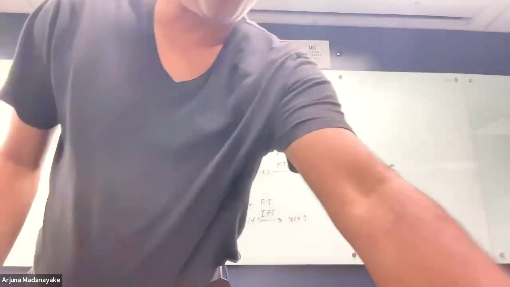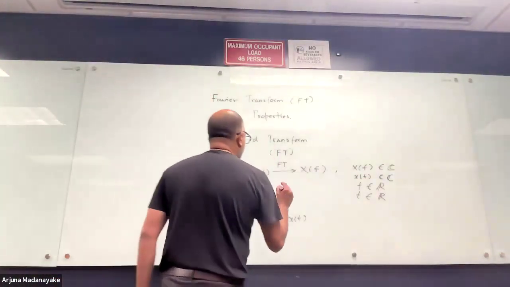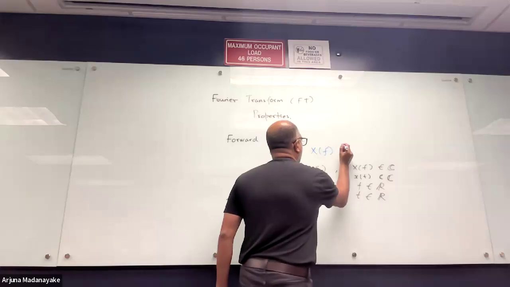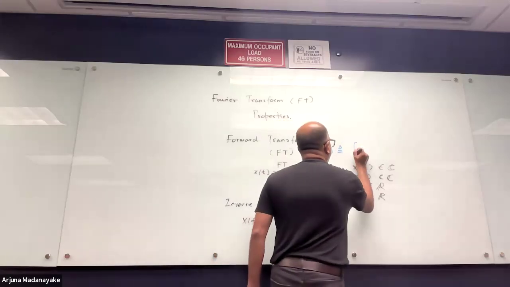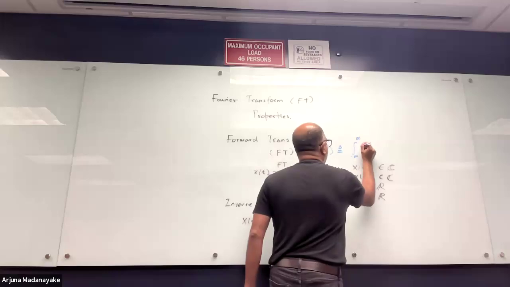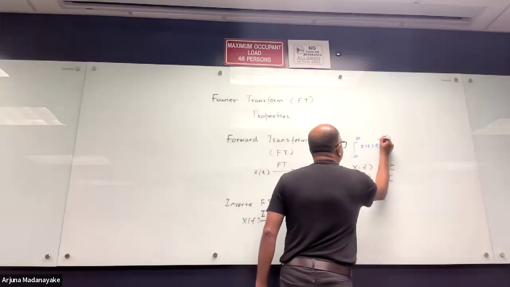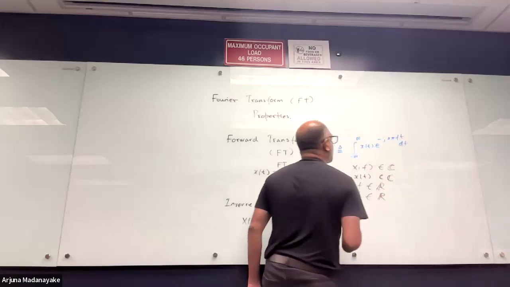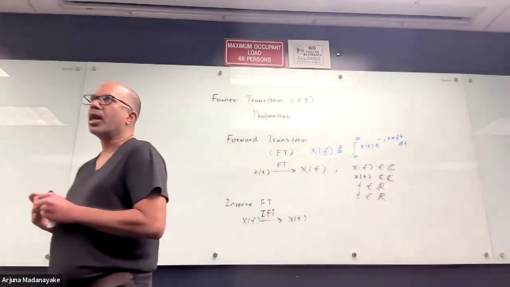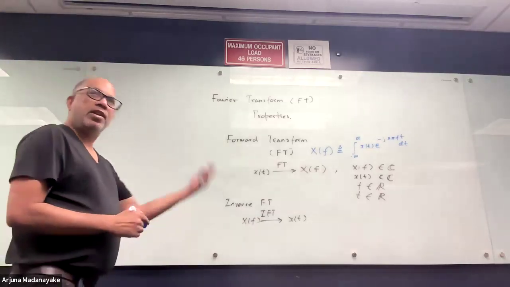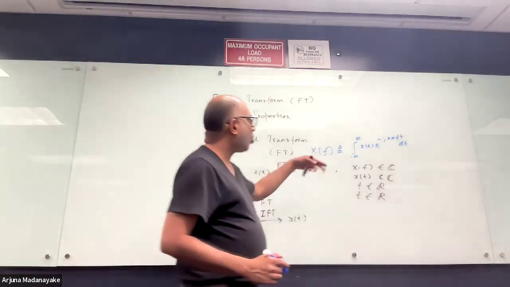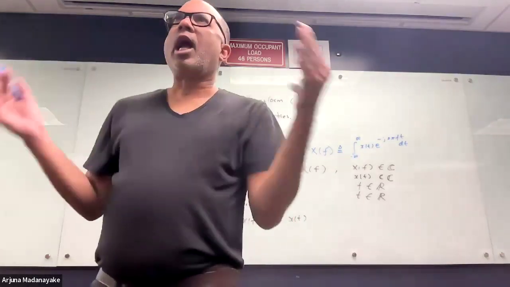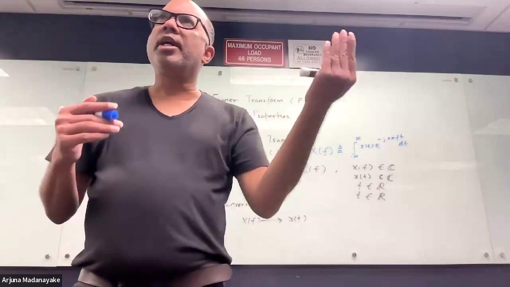By definition, the forward Fourier transform is given as X of f equals the integral of x of t e to the minus j 2 pi f t dt. We learned that before in class. So the inverse operation is almost the same as the forward operation, but you swap the time and frequency variables and you conjugate the basis.